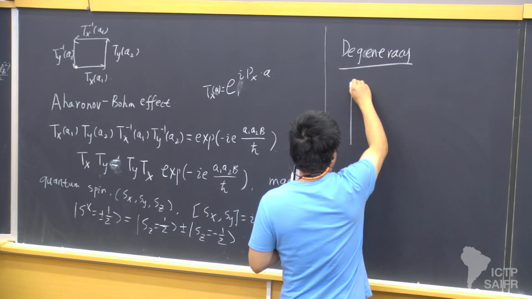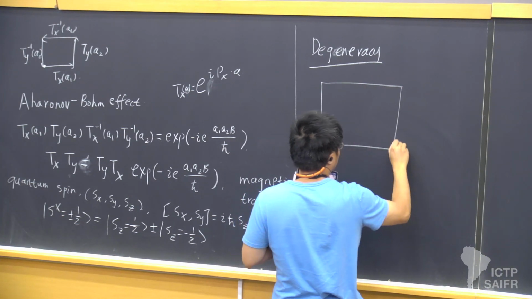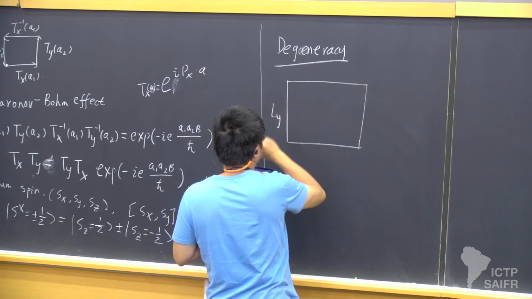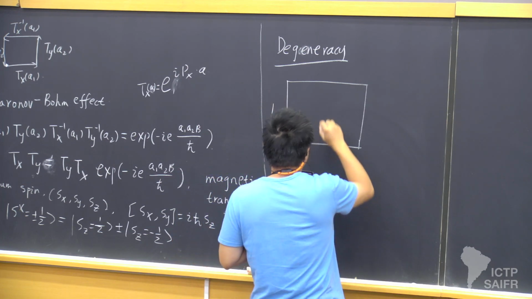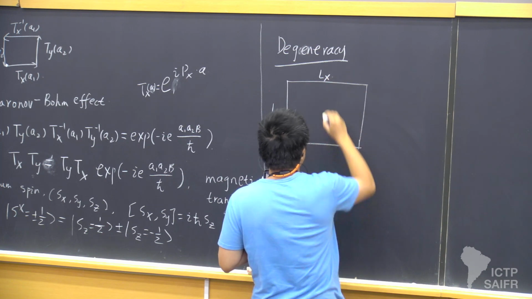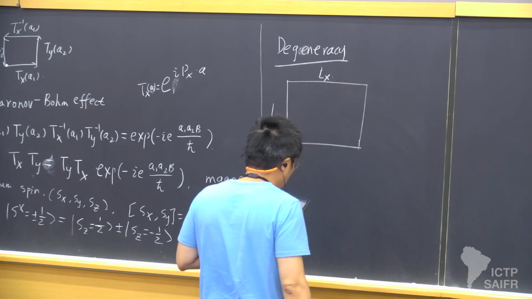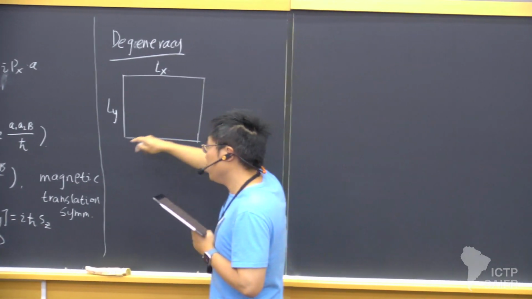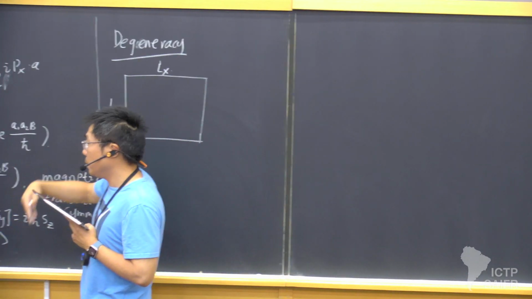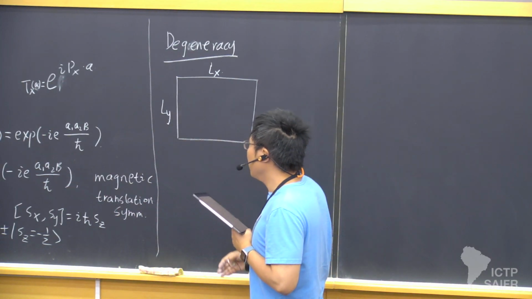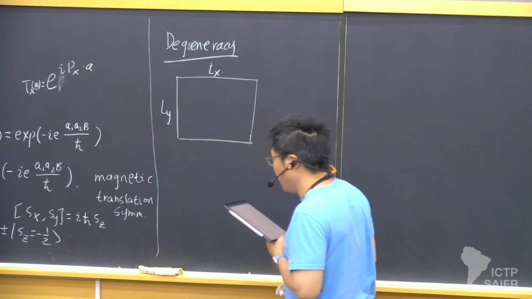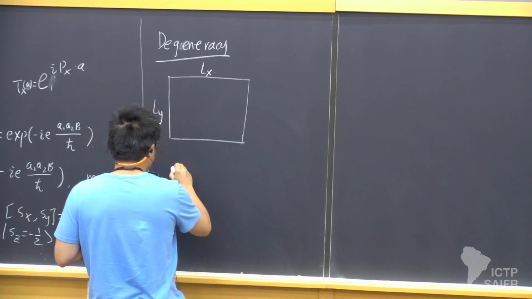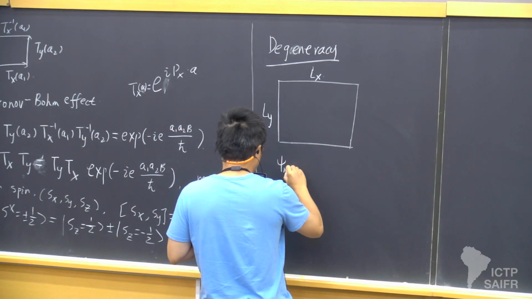Let's say my system lives on a rectangle, whose width is Ly and whose length is Lx. That's the system I'm going to consider. Since the gauge that I choose preserves the translation along the y direction, I'm imposing a periodic boundary condition.